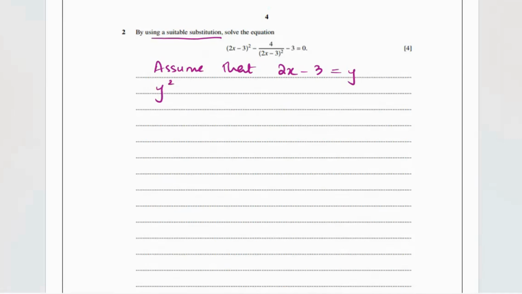So it's y squared minus 4 over y squared minus 3 equals to 0. So that's going to be y to the power of 4 minus 4 minus 3y squared equals to 0.